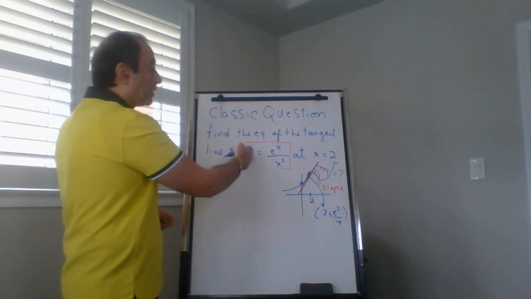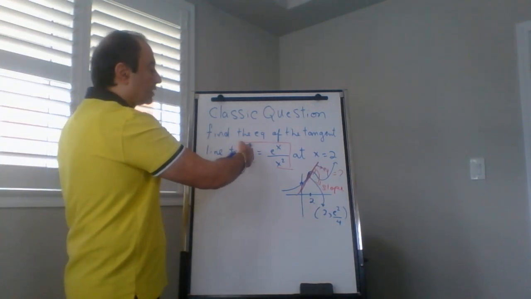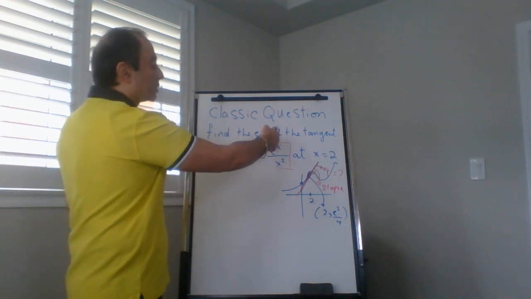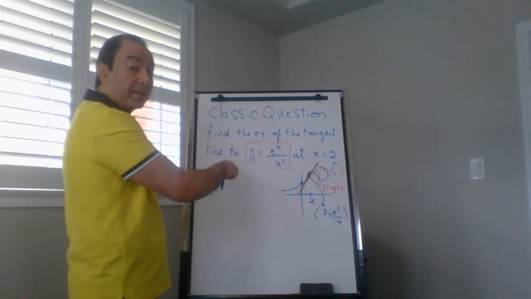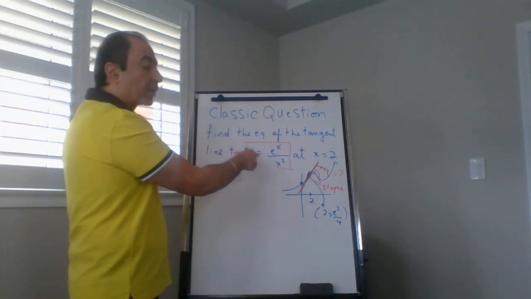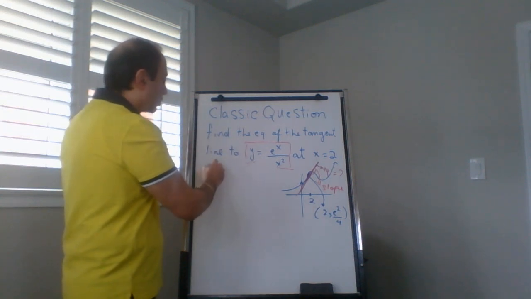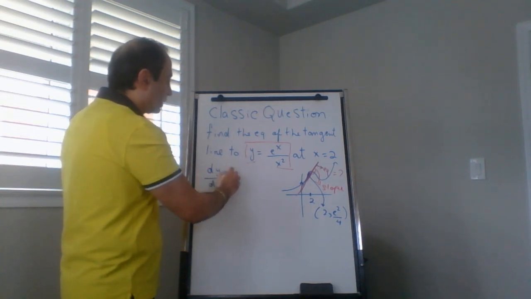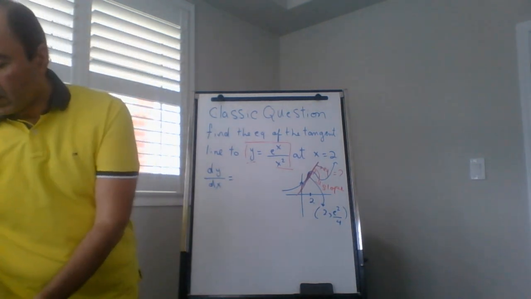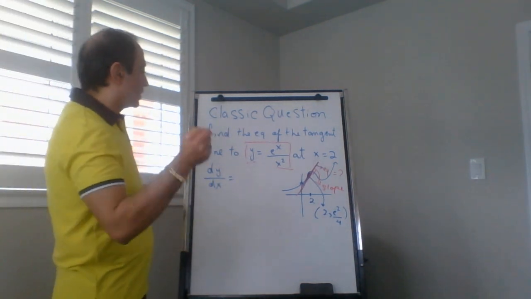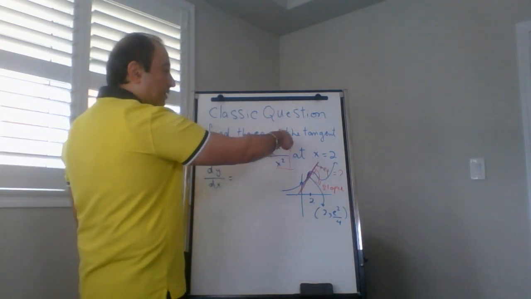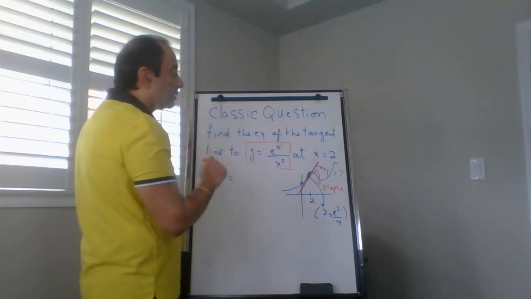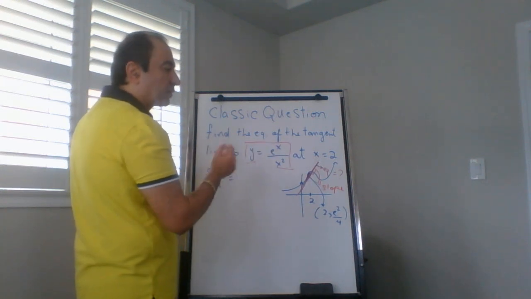When I have the function written in the form of y equal e to the power of x over x squared, when I find the derivative, I don't write f prime of x. I either write y prime or dy by dx. So dy by dx equals, I will use the quotient rule, or I can send this to the top and change the sign of the exponent and use product rule, whatever you prefer.